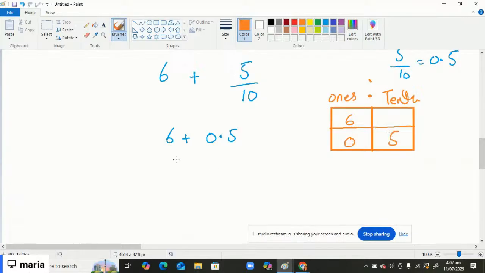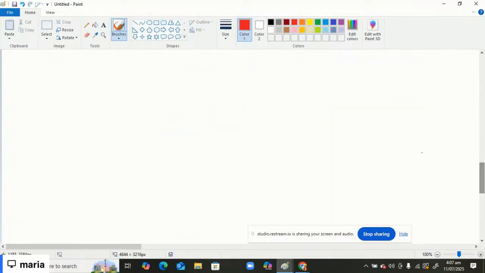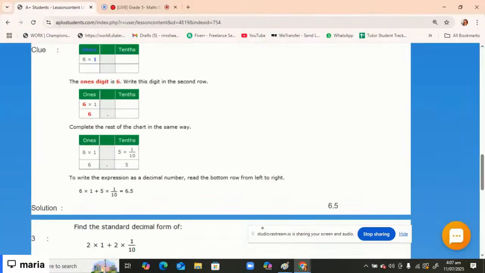So 6 plus 0 is 6, point as it is, 5 as it is. So this is 6.5. This is the way that we do it. A ones place digit can be added with a ones place digit, and the other one remains as it is. Let's do the next.